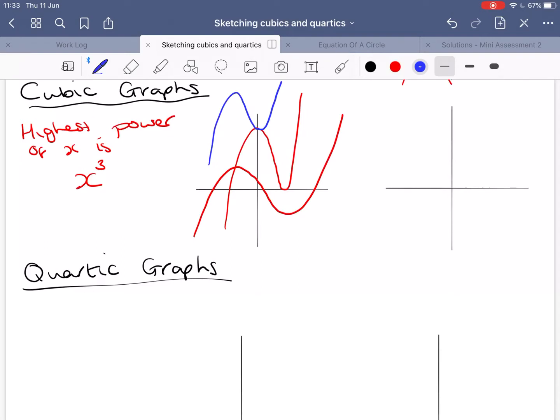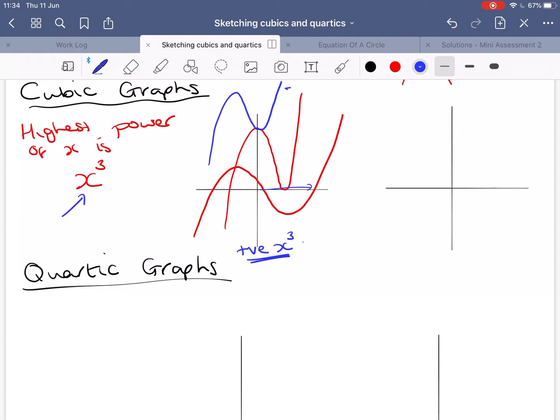And the reason we know it finishes going up high is because when you cube a positive number, you get a very big answer, okay? And so as x increases, x cubed increases, and so you know it's ending going up to the top right, okay? So that is your positive x cubed graphs.